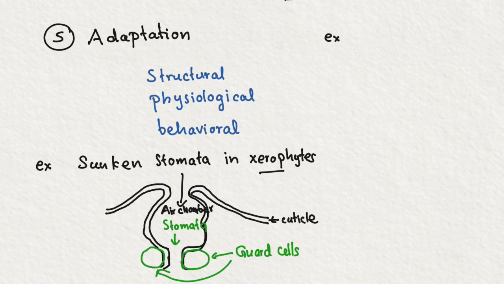Then another example is viviparity in some mangroves. That is, in some mangrove plants, their seeds germinate while they are still attached to the maternal plant.